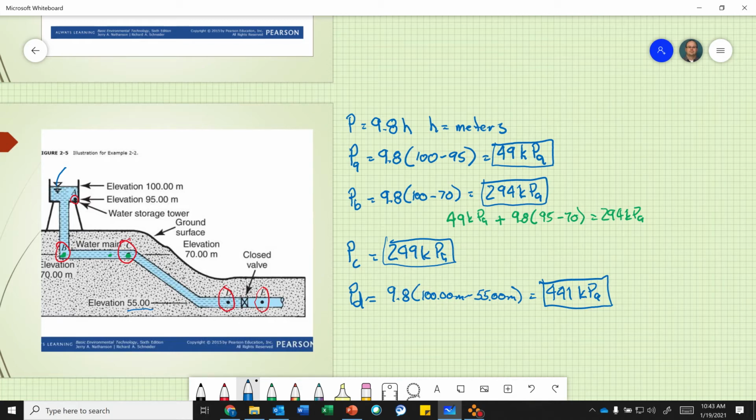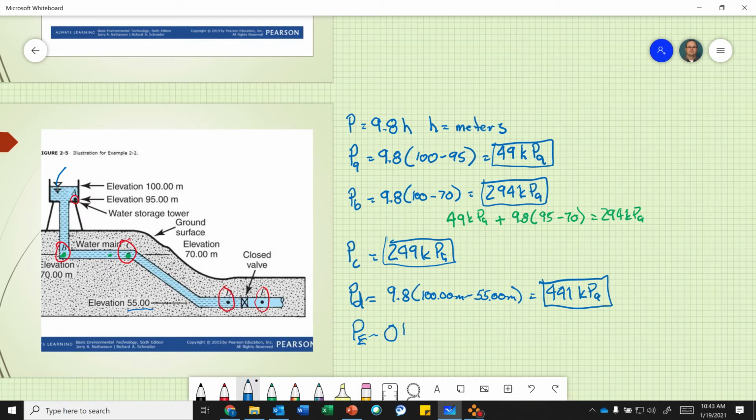Pressure at point E. This valve is closed, so that means my pressure is 0 kPa. If I have a closed valve, it's just like a hose: if there's no water coming out of the end of your hose, the pressure is 0.